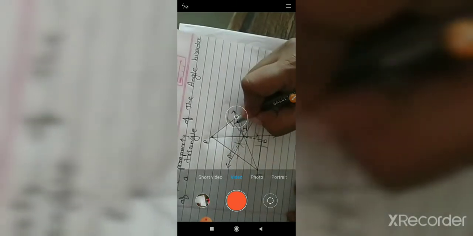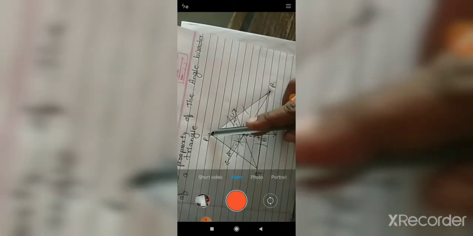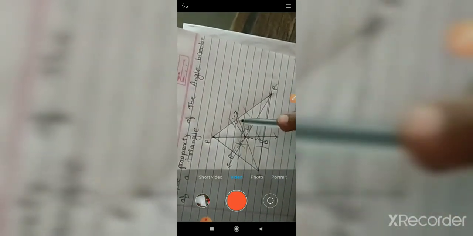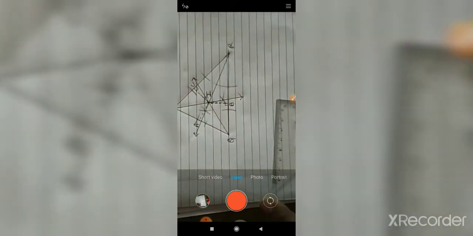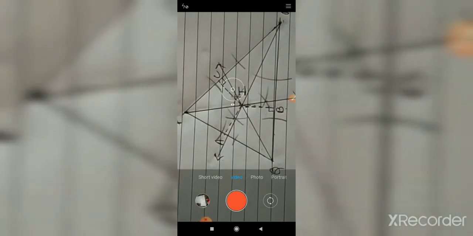And that is C. So IB is perpendicular on QR, IA is perpendicular on PQ, and IC is perpendicular on PR. This is the construction. If you see here, this is the proper construction for the property of the angle bisectors of a triangle.